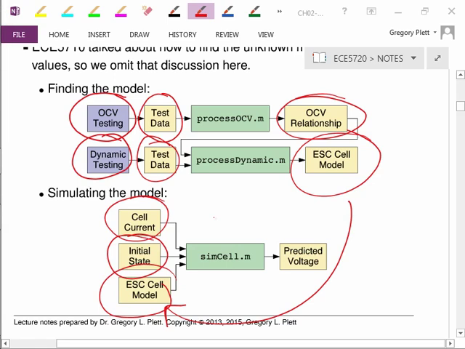So that is our review of the model for the time being. We're going to look next at a brief review of the physics-based model. It's not our focus for the course, but we will refer to it from time to time, so it's good to remember it.